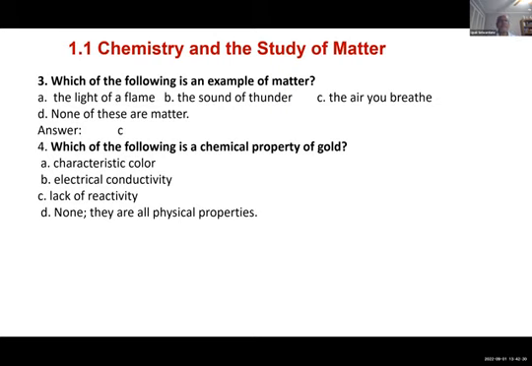Out of these first three, which one is a chemical property now? What is the answer to the question? Which one is a chemical property of gold?